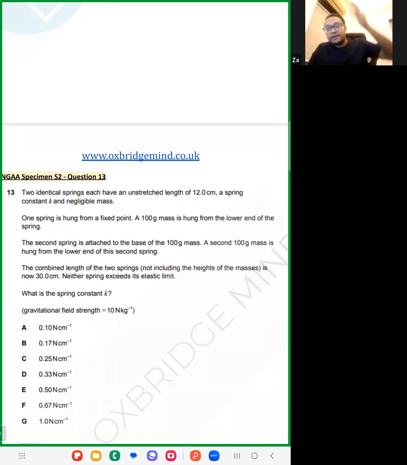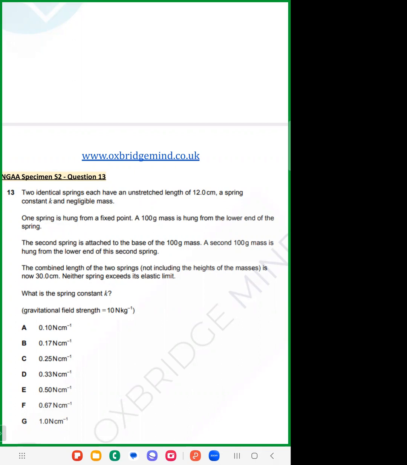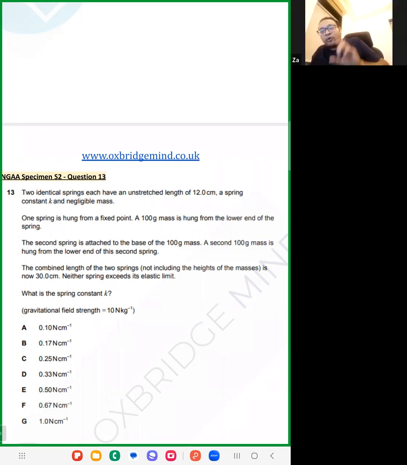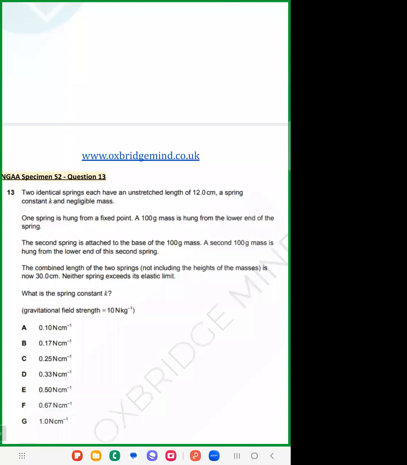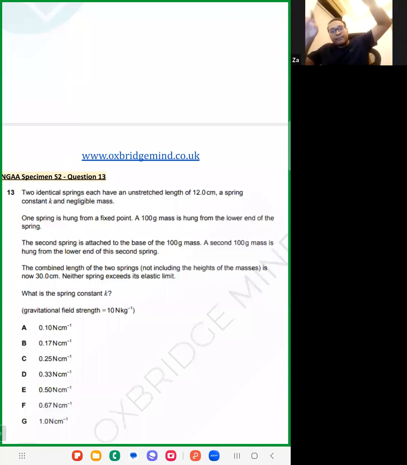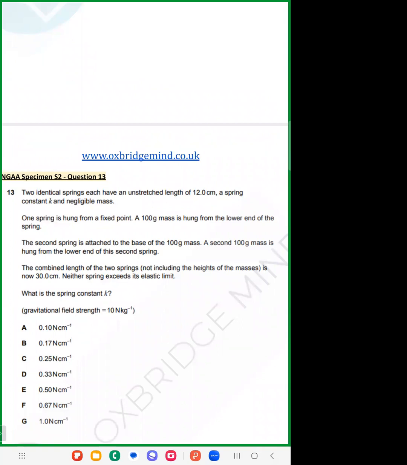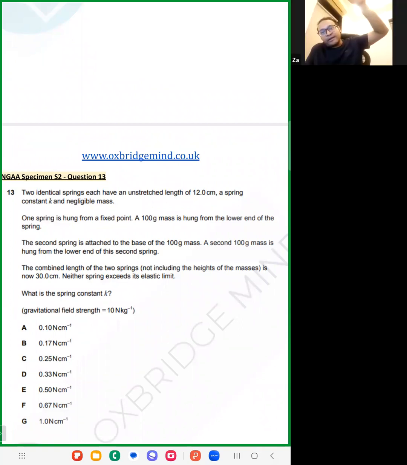Now you see, the bottommost spring has the responsibility to carry the lower load, right? So it will have a force which supports 100 grams. There will be a stretch in that spring corresponding to that force. And the topmost spring is supporting the total 200 grams.